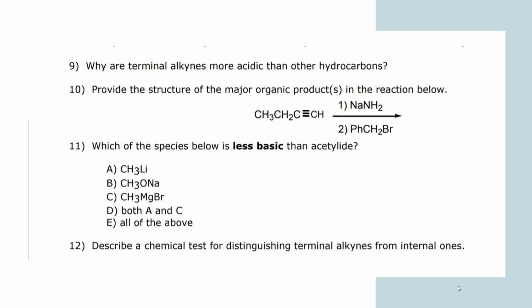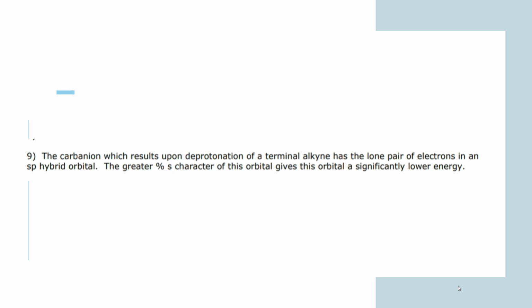We approached the question by the fact that the carbanion which is generated upon deprotonation of a terminal alkyne contains the extra electron pair in an sp hybrid orbital, and if the extra electron pair is contained in an sp hybrid orbital, which has 50% s character, it leads to higher acidity of the parent species.